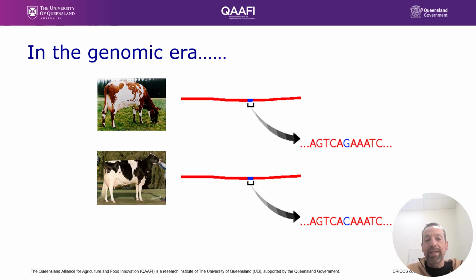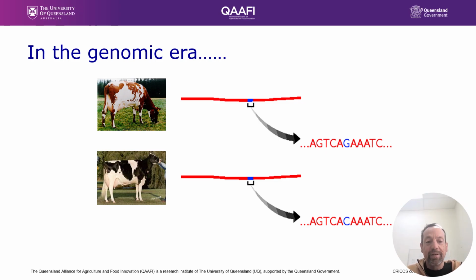So that's been achieved using pedigree and trait record information to derive our estimated breeding values, the genetic values of the animals. In the genomic era, of course, we have additional information, which is information about the genomes of our animals, variation in the genomes of our animals and crops.